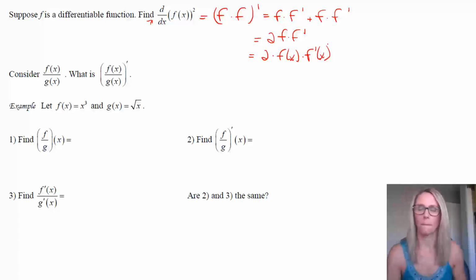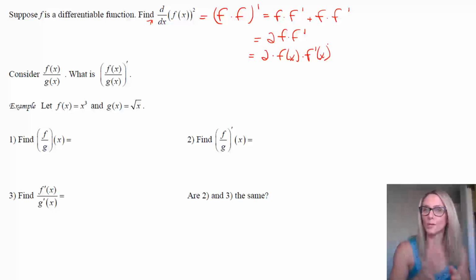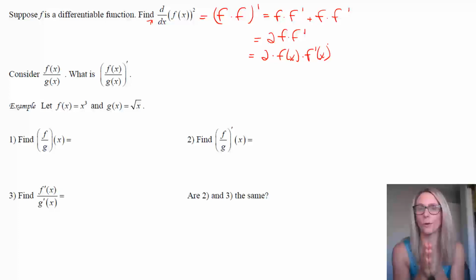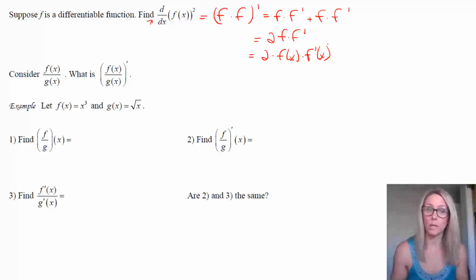What you will know in the future is that there's an easier way to do this, and it's called the chain rule, which we'll learn soon. But this is another way to think about it, using the product rule on the same function. Totally valid, and it's something you can do.